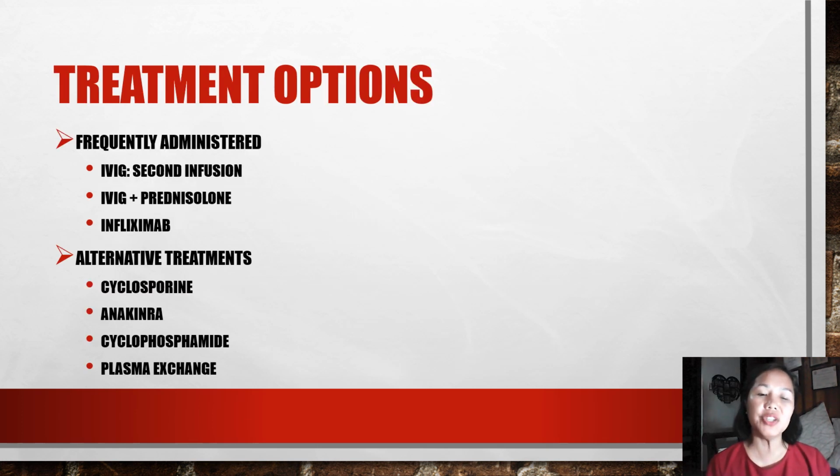With IVIG resistance, a second dose of IVIG may be given, or IVIG plus prednisolone, or infliximab. Other alternative treatments include cyclosporin, anakinra, cyclophosphamide, or plasma exchange.